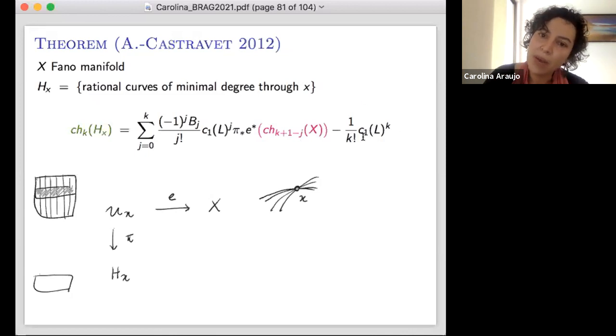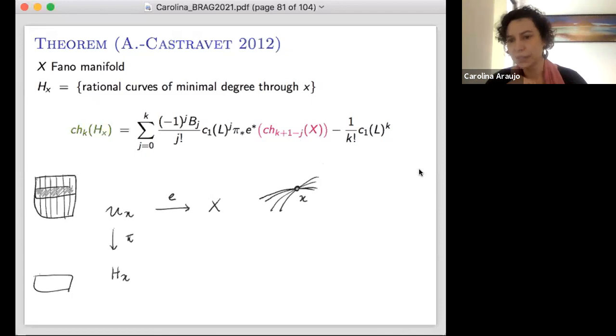This ample line bundle L on H_X also appears in this formula. So all the Chern characters can be written in terms of this canonical polarization on H_X and the Chern characters of X itself.